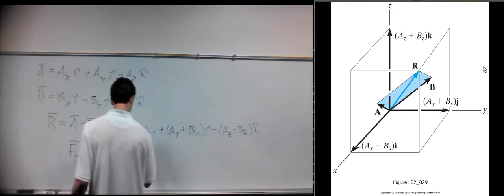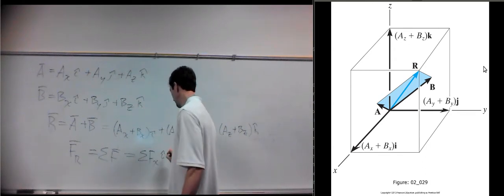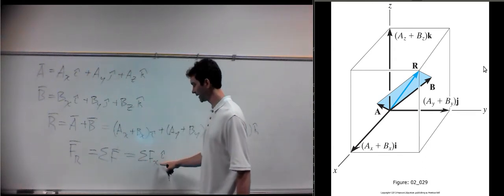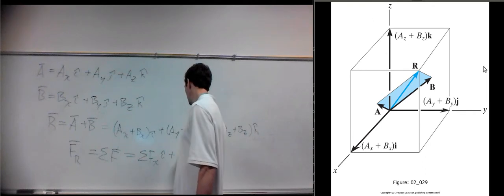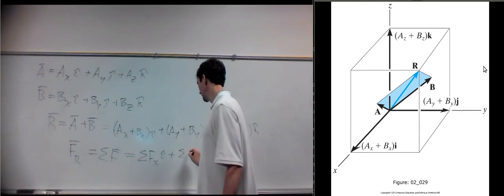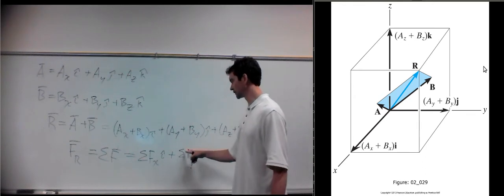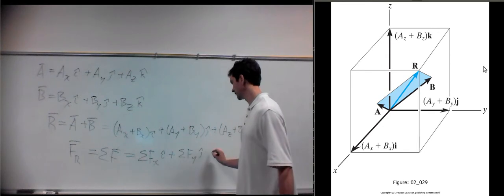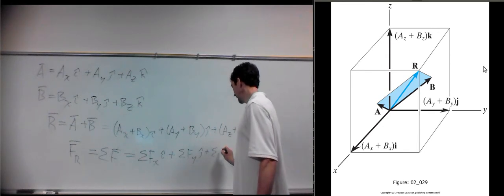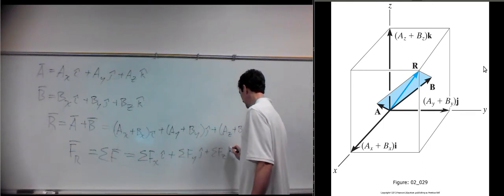That's equal to, so here you can do scalar addition. You add the scalar magnitudes in the x direction of all the forces, multiply it by the i direction vector. You add the magnitudes in the y direction of all the forces, so summing all the y components, multiply it by the j direction vector, and then sum the magnitudes of all the z components, multiply it by the k direction vector.